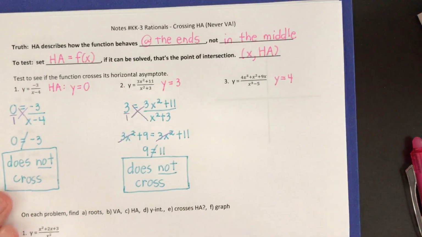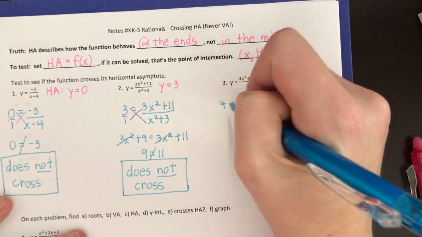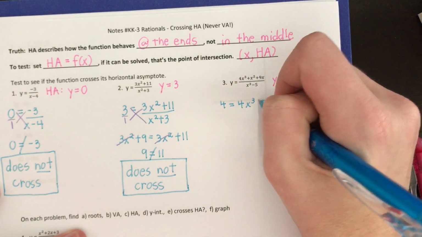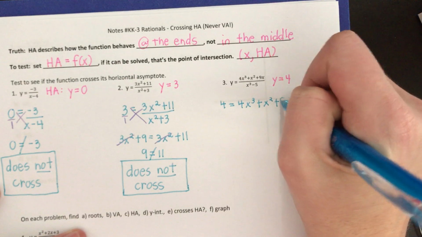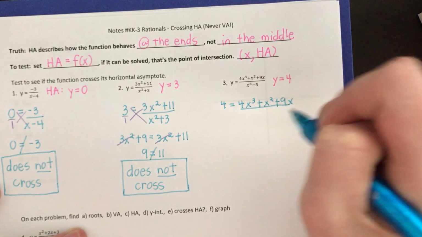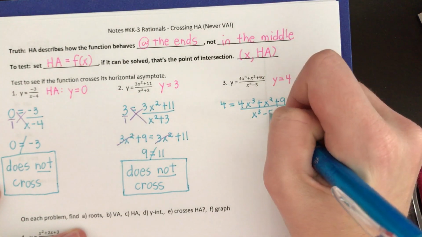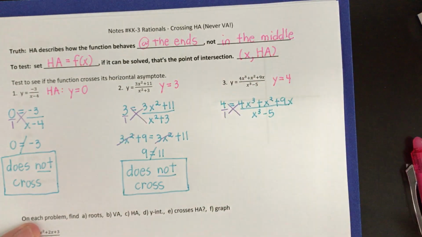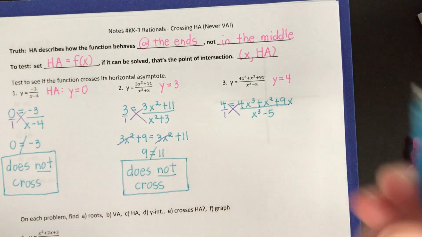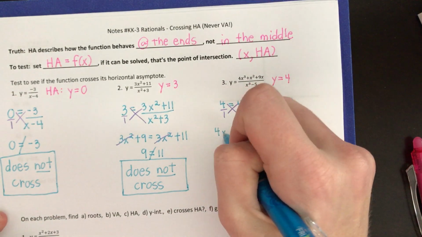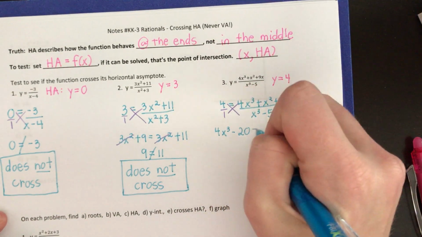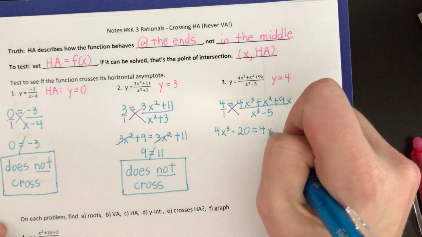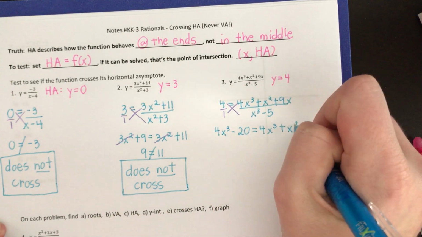Let's see. Okay, set my HA equal to the function: 4 equals x cubed plus x squared plus 9x over x cubed minus 5. Put the 4 over 1, cross multiply, and make sure you distribute the 4 into the terms of the denominator. So 4x cubed minus 20 equals, when you distribute 1 into the terms of the numerator, of course all the terms stay as they are.